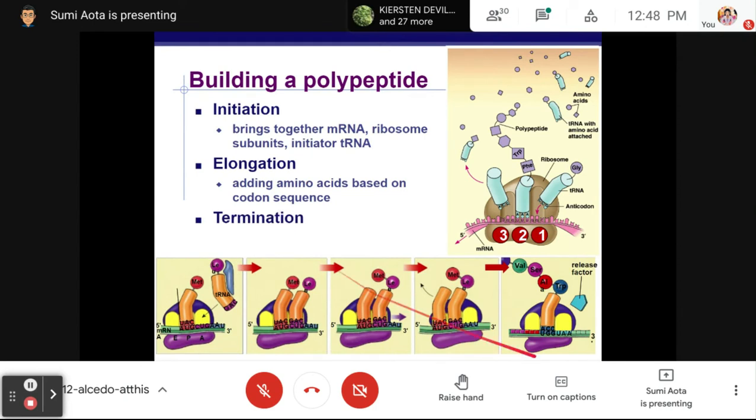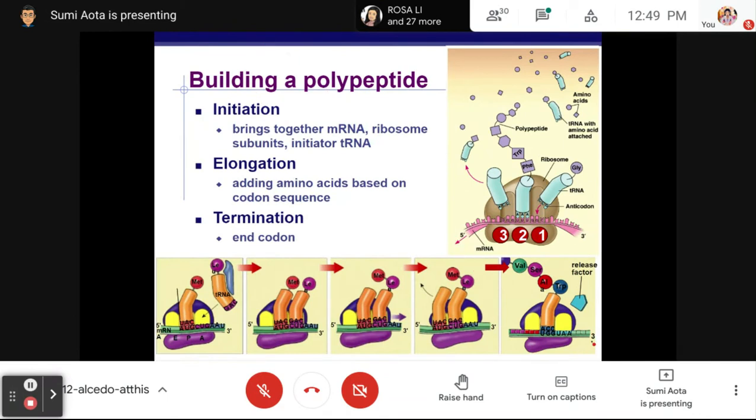At termination, you're going to read a stop codon, in this case UAA. When UAA is read by the ribosome A site, a release factor is brought in. When that release factor comes in, it causes the final bond here to break, it causes the small and the large subunits to separate, and it causes the protein itself to be released.